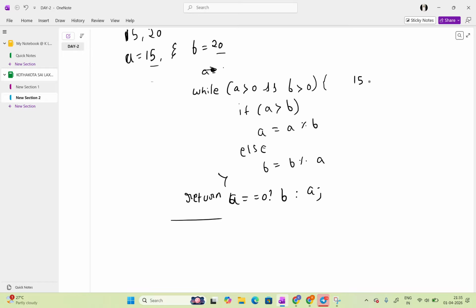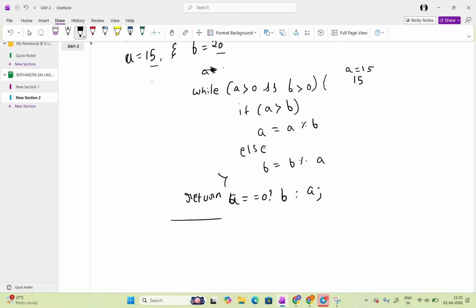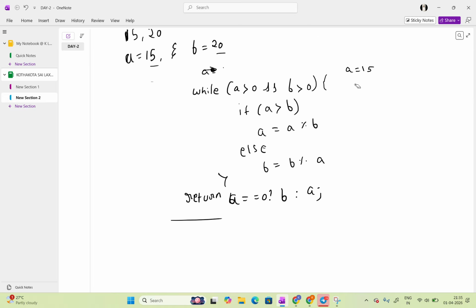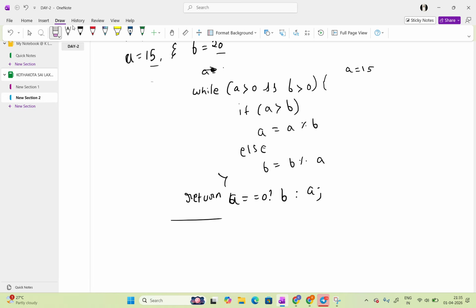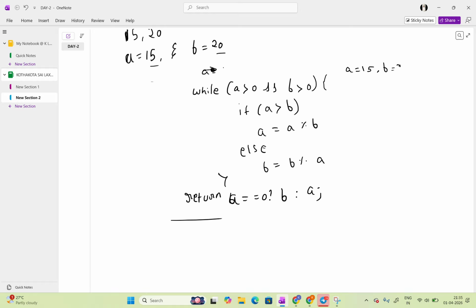See, firstly, A equals 15 and B equals 20. So now both the conditions are satisfied.